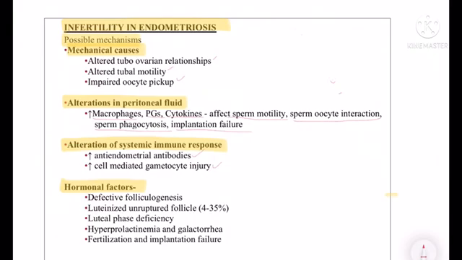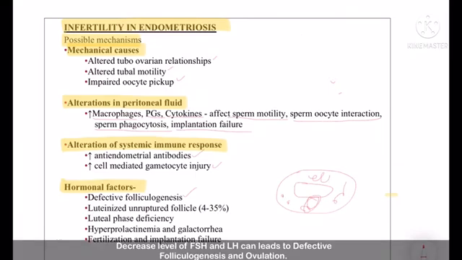So what are the hormonal factors? There will be defective folliculogenesis if the endometriosis is present in the ovary. Okay, here in these areas a chocolate cyst will form, and that will disturb the normal folliculogenesis. Follicles will not start to form. So defective folliculogenesis, luteinized unruptured follicle in 4 to 35% of cases.